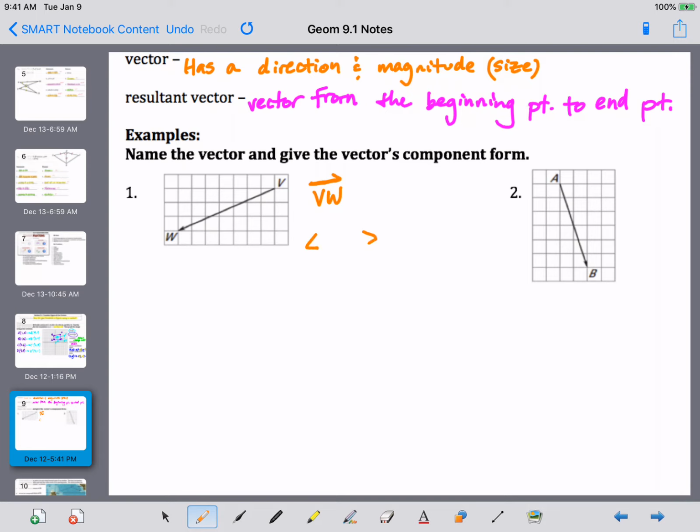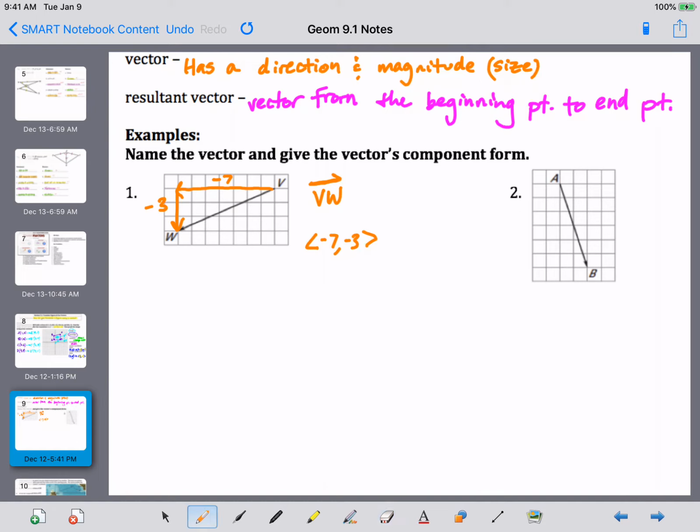That just tells us we have to use these triangular brackets. And notice we always go left, right first. To get from V to W, we had to go left 7, so that would be a negative 7 for the x coordinate. And then we went down 3, so that would be a negative 3 for the y coordinate. All right, so you always go left, right, and then up or down.